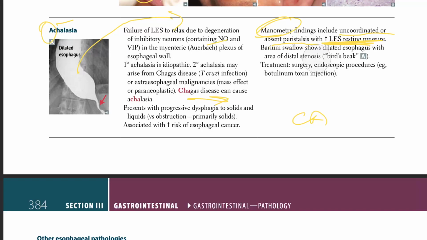A barium swallow is diagnostic. It shows a dilated esophagus with distal stenosis, a bird-beak appearance. Treatment is either surgery or endoscopic procedures like botulinum toxin injection. Either you do the surgery or give the botulinum toxin injection.